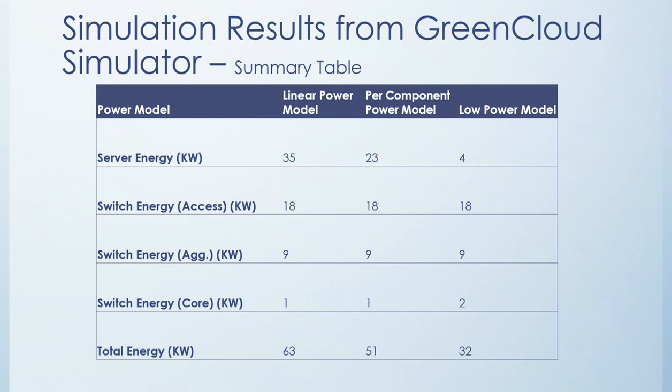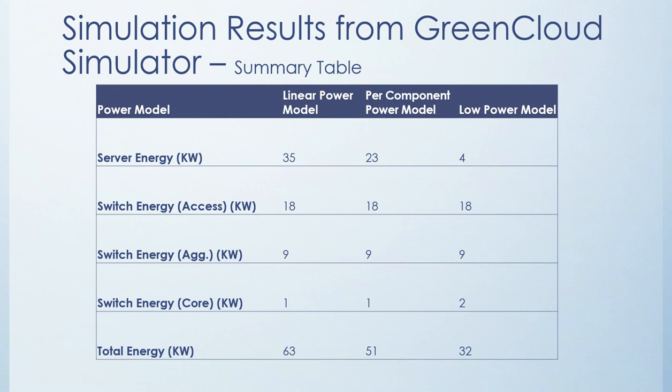So here is the table that shows all the results at a glance. As you can see, the server energy varies substantially from the linear power model to the component power model and then to the low power model. And that translates to the total energy consumption going from 63 to 51 and then to 32.